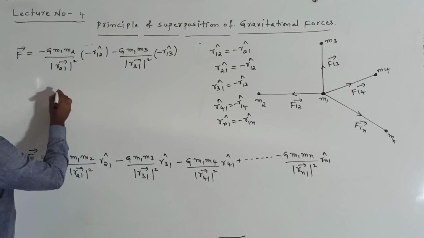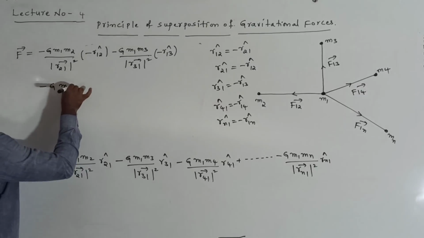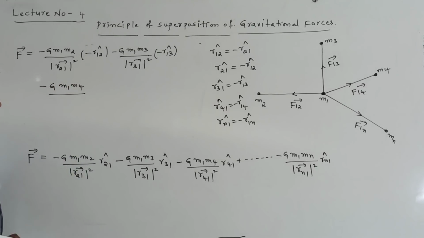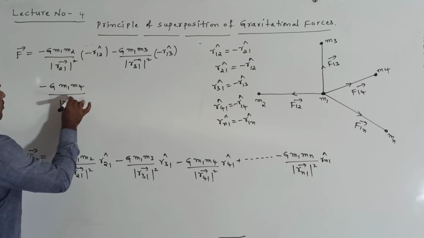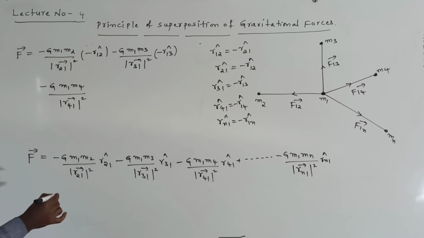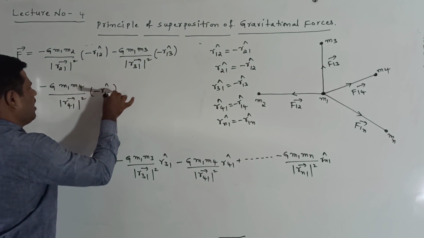Next, minus G m1 m4 by mod of r14 whole square, where r41 cap is equal to minus of r14 cap.